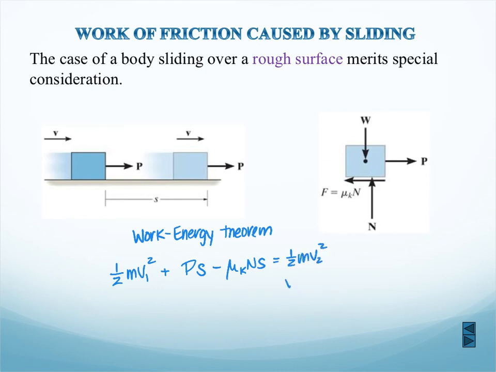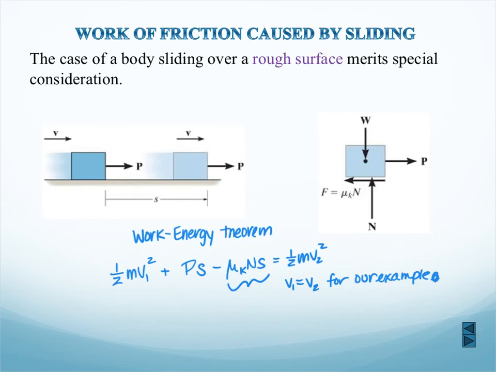But v1 equals v2 for our example. And that also seems to make sense because we just made the point that P and friction are equal to each other. But what we want to talk about is what's going on right here.